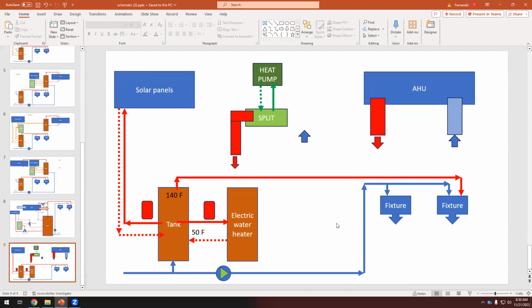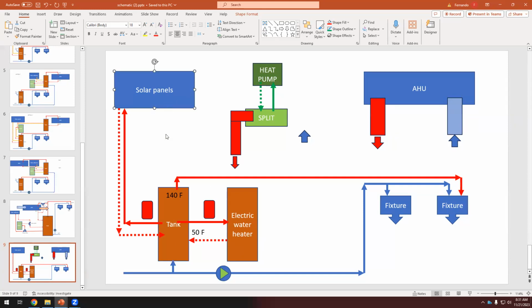Why are they there? Because there was more than one water heater. Probably there was more than one tank. Anyway, there were a few of these, but it doesn't matter. If we don't have enough power with one water heater, we would need another one. If we have to increase the volume, instead of having a huge water tank, probably it's cheaper having two smaller water tanks there. That is the schematic view.